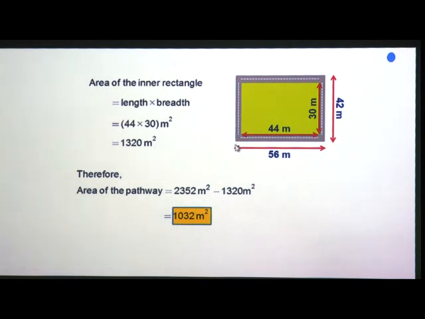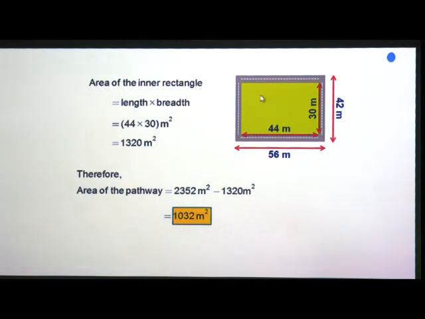First we found the area of the outer rectangle, then we found the length and breadth of the inner rectangle, which is green in color. You know how to find it, already explained.